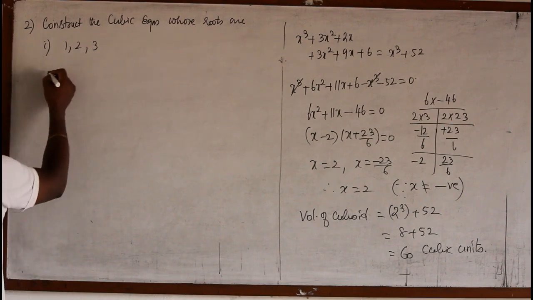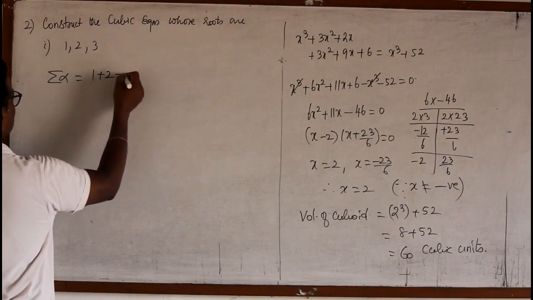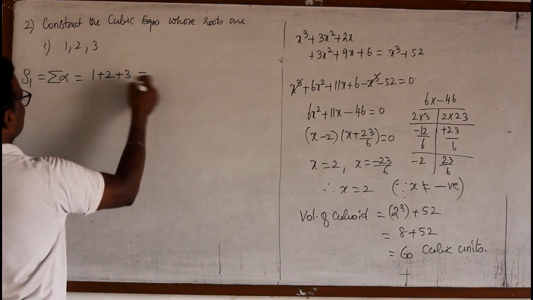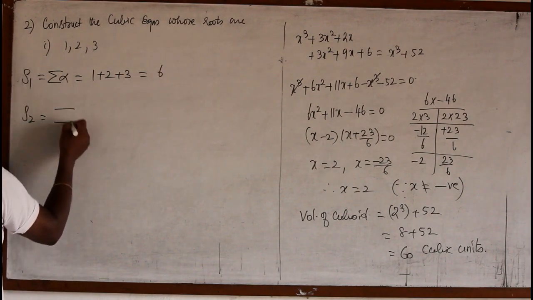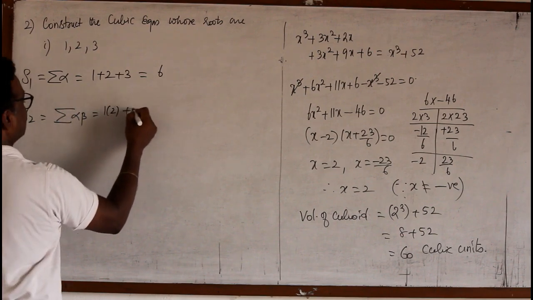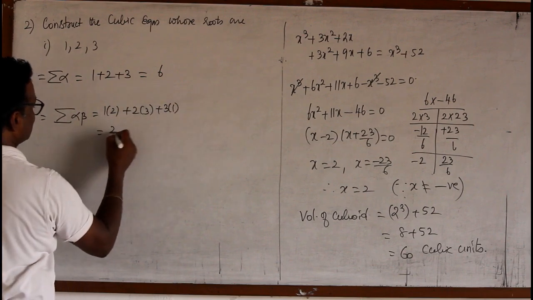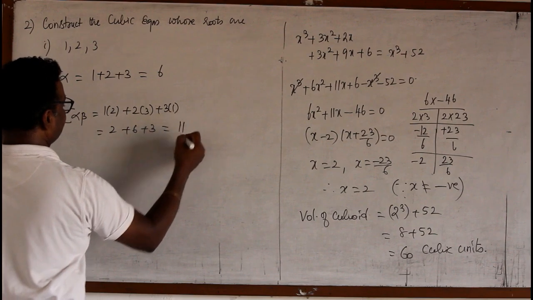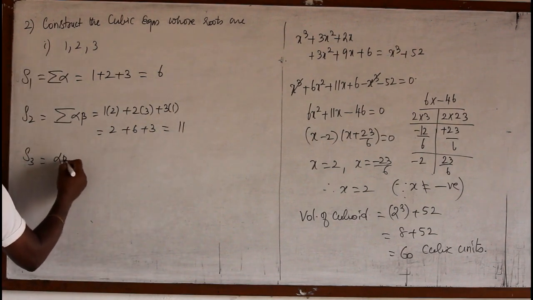So, suppose if it is alpha, then it is 1 plus 2 plus 3. Maybe we shall take it as S1. It is 2 plus 3, 5 plus 1, 6. Then S2 is, remember, the sum of the product of 2 elements. That is 1 into 2, 2 into 3, 3 into 1, which is 2 plus 6 plus 3, 11. Now, S3 equal to the product of 3 elements.